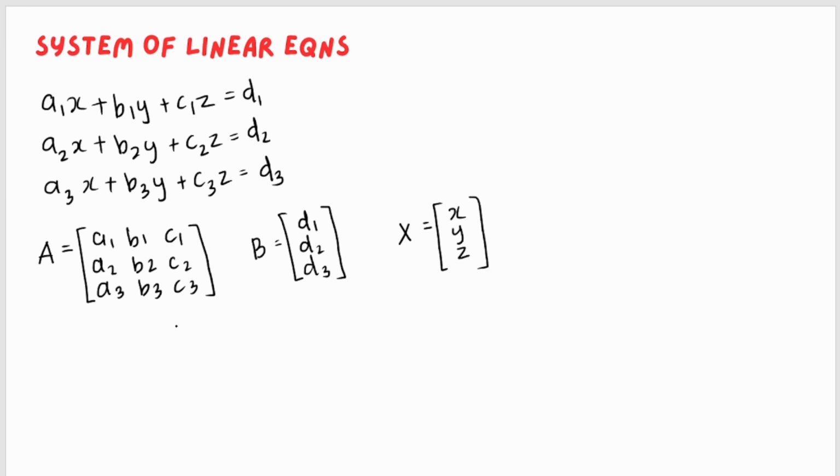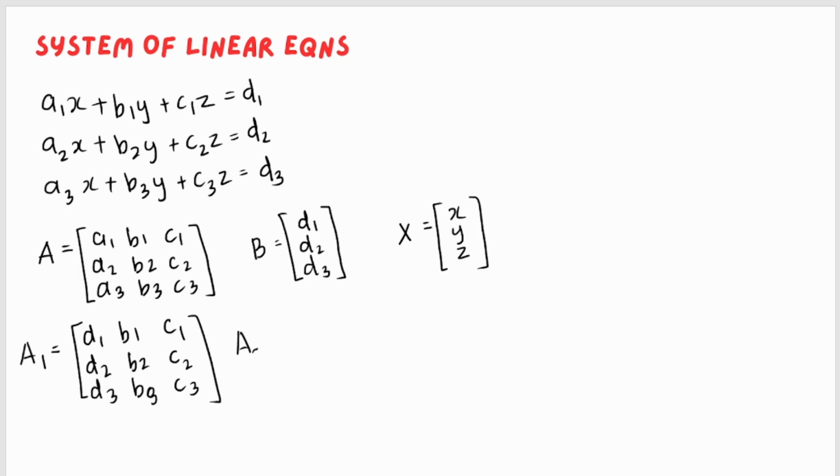Now we'll consider three more matrices, that is matrix A1. If you're wondering what matrix A1 means, we will be replacing the first column of matrix A by the matrix B, that is d1, d2, d3, b1, b2, b3, then you have c1, c2, c3.